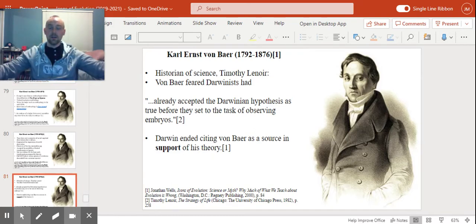This scientist doing empirical research in embryology feared that Darwinists had already accepted the Darwinian hypothesis as true before they set to the task of observing the embryos. That's not how empirical science is supposed to work. You do set out a hypothesis of how you think the world is supposed to be, but the empirical data is supposed to give validity or lack thereof to your theory.